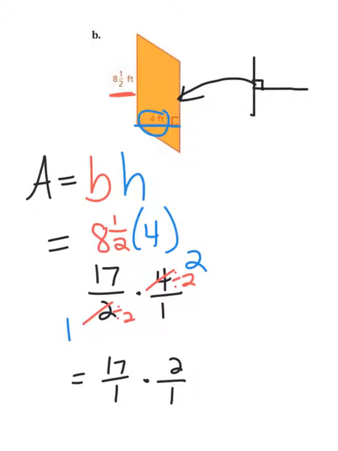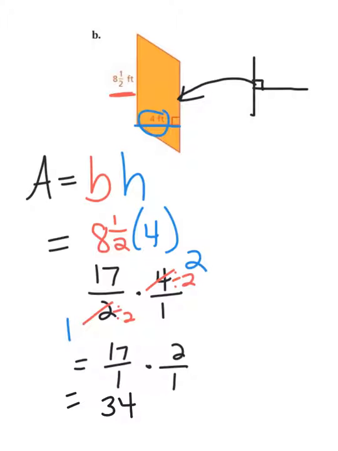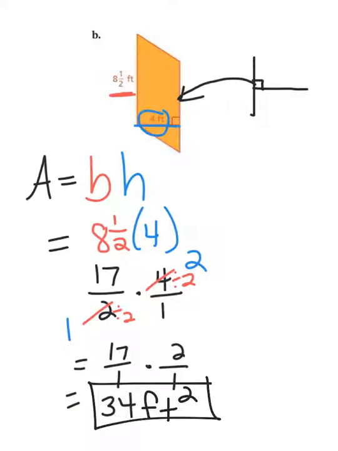I just have to multiply across, and 17 times 2 gives me 34 over 1, or you can just know that 34 over 1 is equal to 34. And again, we're going to check our labels this time, and it looks like they're in feet, so we're going to label that as feet squared or square feet.